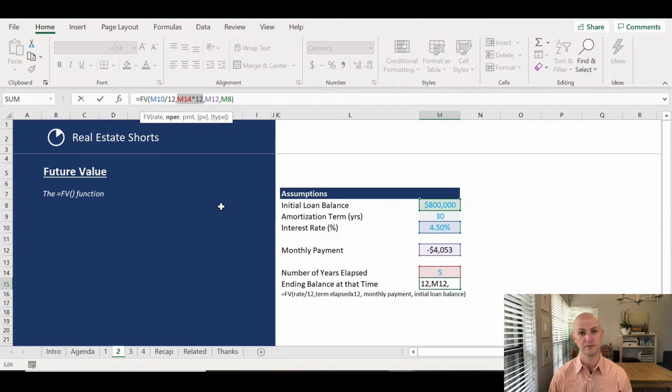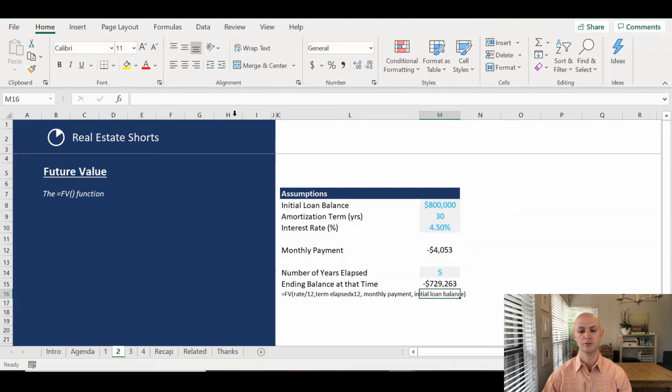So 5 years from now, 5 times 12, because again, we're looking at monthly periods, will give us 60 total periods that have elapsed since we originally borrowed the loan. From here, we continue to move forward. Payment, we just calculated, and present value, the initial $800,000. So when we press enter, we'll get this amount remaining, this amount left over.